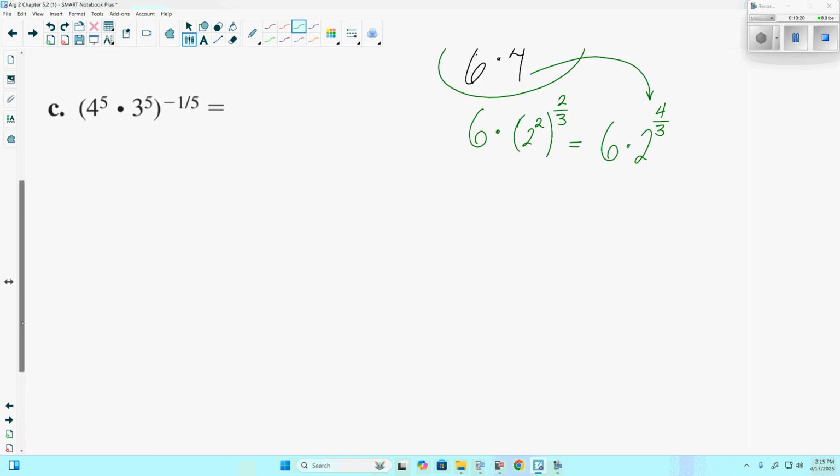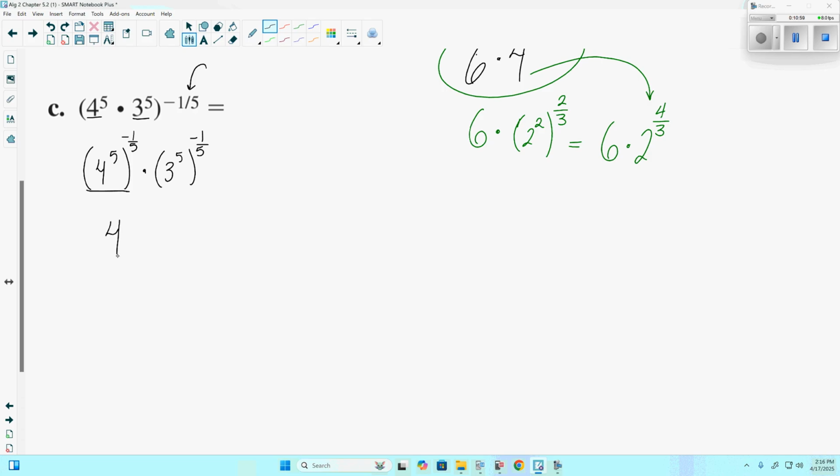C. We can treat C the exact same way we did B. 4 to the fifth times 3 to the fifth all to the negative 1/5. So we can apply that negative 1/5 to both of our terms, because we're going to apply it to our 4 to the fifth and apply it to our 3 to the fifth, telling us that we have 4 to the fifth to the negative 1/5 and 3 to the fifth to the negative 1/5.